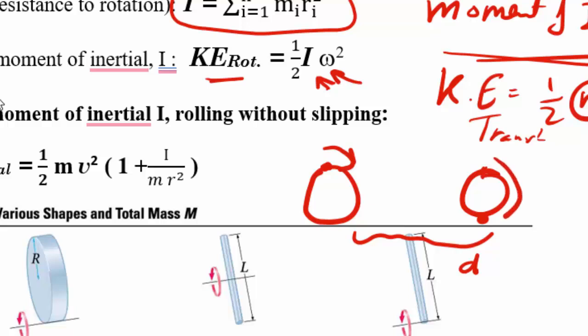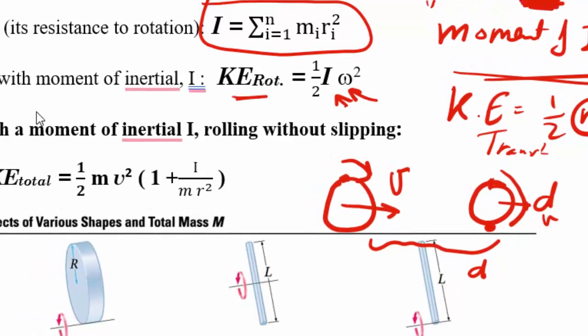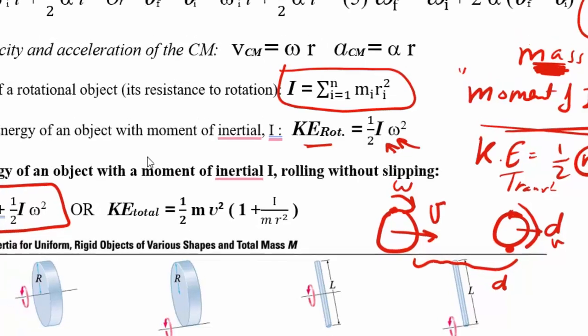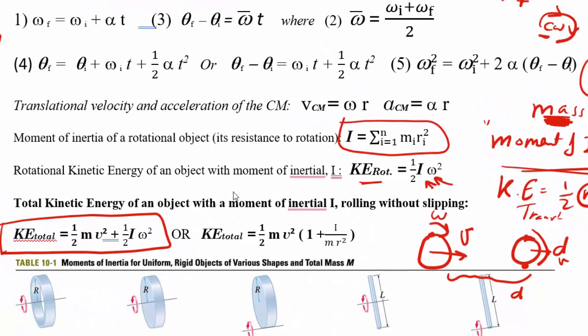So this length here is equal to this length here. Okay, so the object here has a translational motion v, and it has also rotational motion omega. And the total kinetic energy of that object is the sum of the kinetic energy of the translational motion plus the kinetic energy of the rotational motion, 1/2 I omega squared.